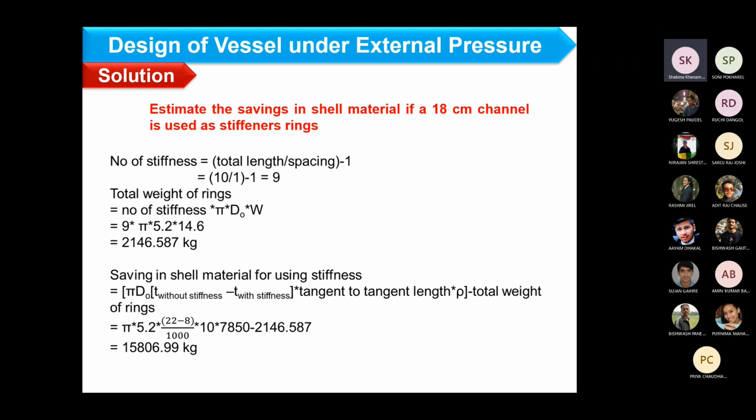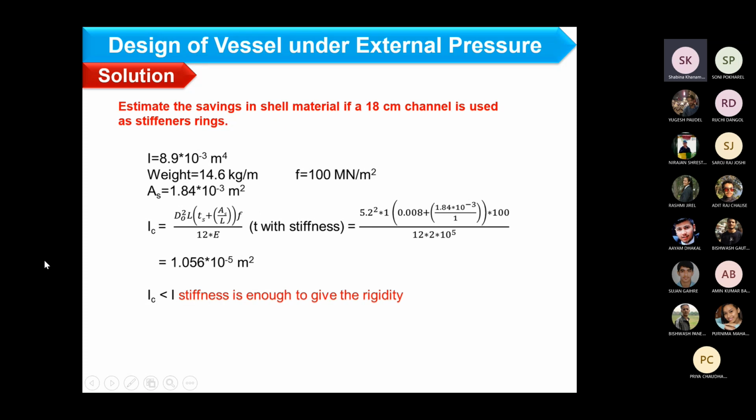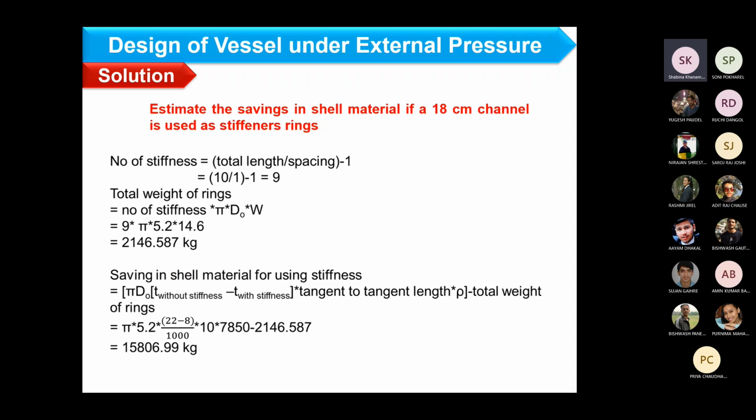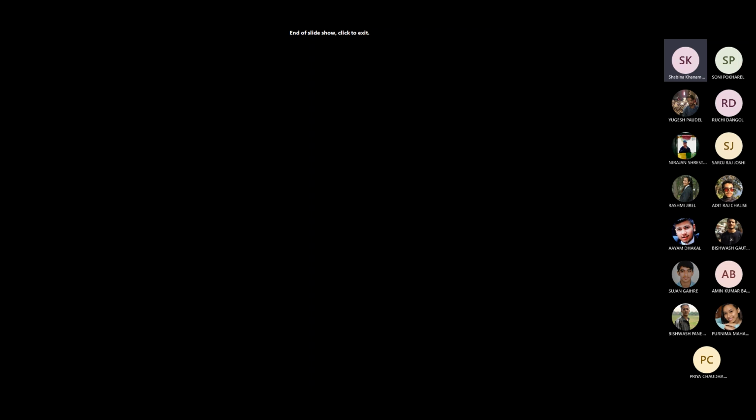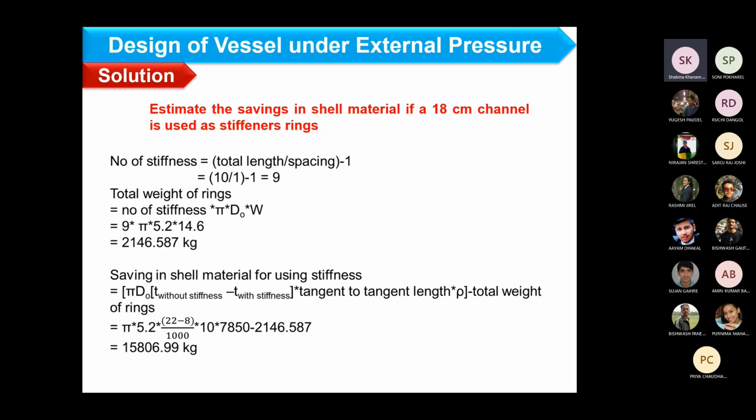I believe you are getting all these points, and if you have any confusion, please discuss. And in the same line we have already seen whether the channel is rigid enough to sustain the pressure or to avoid the vessel collapsing. So this is the condition. So this is all about external pressure vessel design.